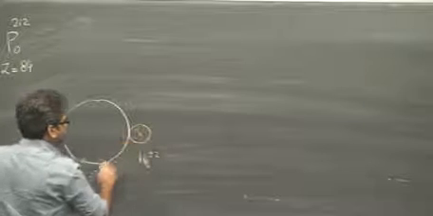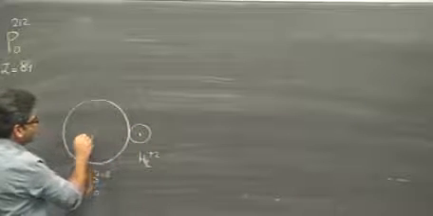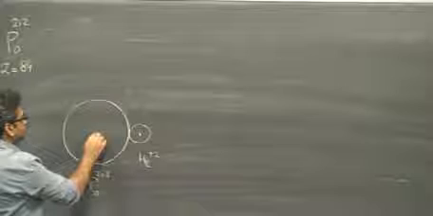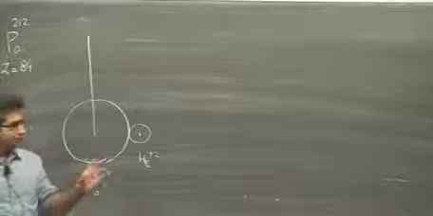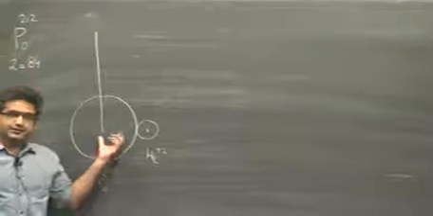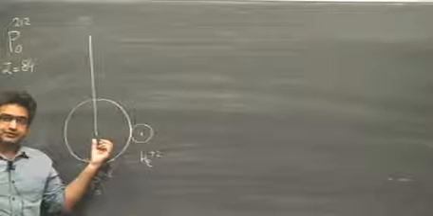If this is the center of alpha particle, this is the center of a nucleus, then if I construct a potential for the two. So what is the strong force? Let's assume that this is a strong force which is acting at a very short distance, which binds these positive charges together.